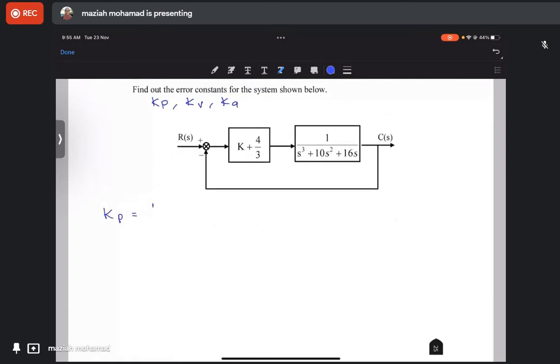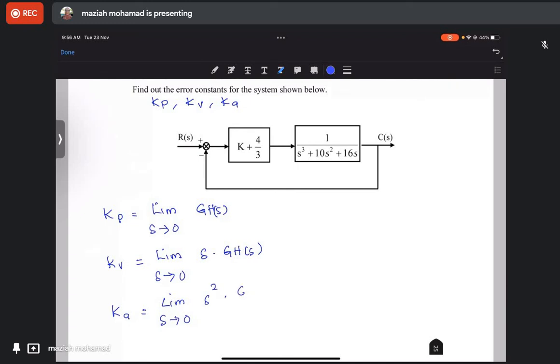So Kp is, we apply limit s goes to 0 to the open loop transfer function. Kv is limit s goes to 0 where s is multiplied with the open loop transfer function. This is based on the derivation that we have done just now. And the last one, Ka, is limit s goes to 0 of s squared multiplied with GH(s).